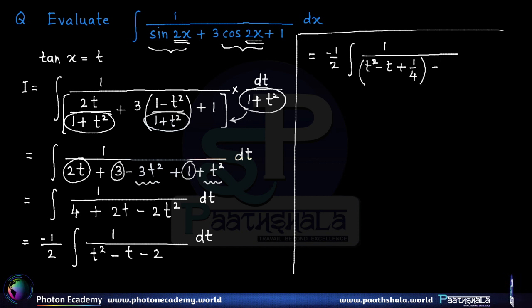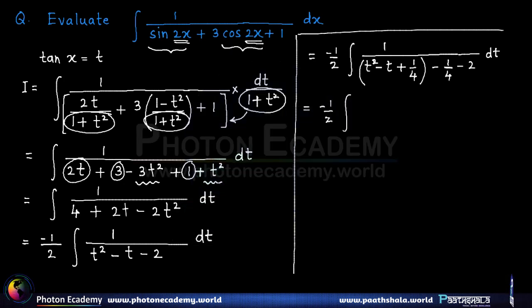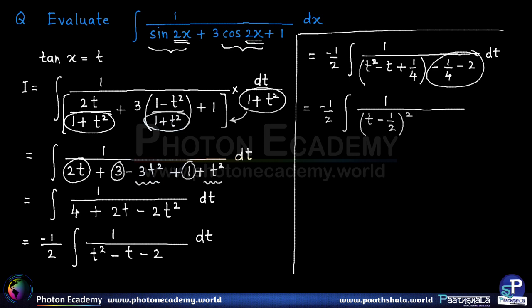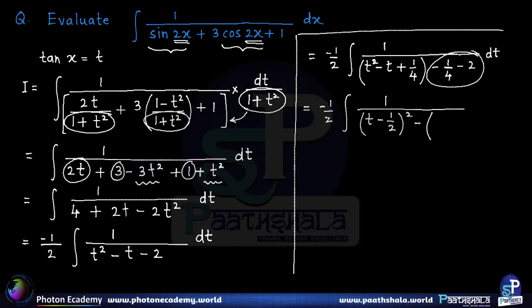So we must also subtract 1 by 4, and we already have minus 2. Simplifying further, we have minus 1 by 2 integral of t minus 1 by 2 the whole square, now minus 1 by 4 minus 2 is minus 9 by 4, which is nothing but minus 3 by 2 the whole square.